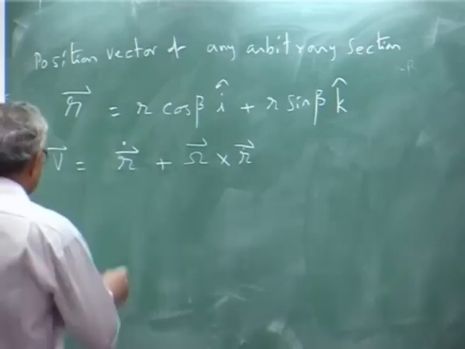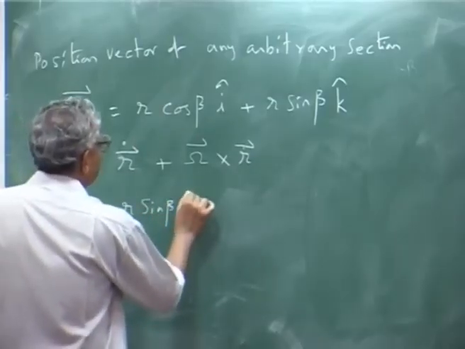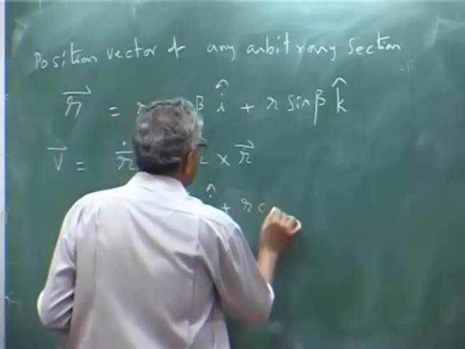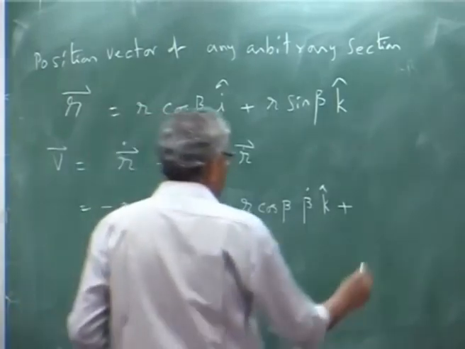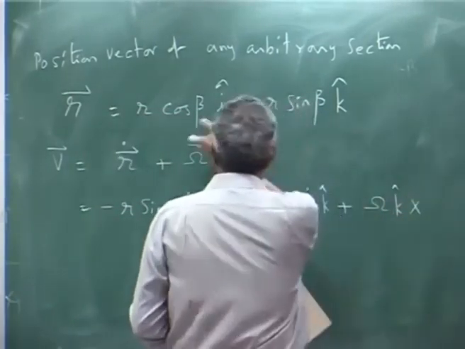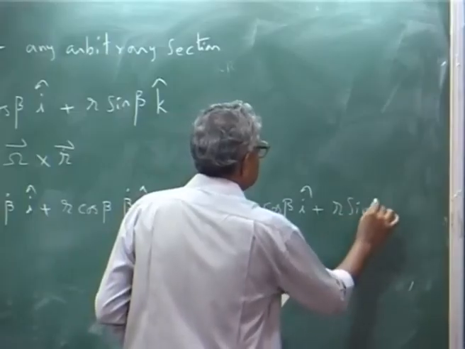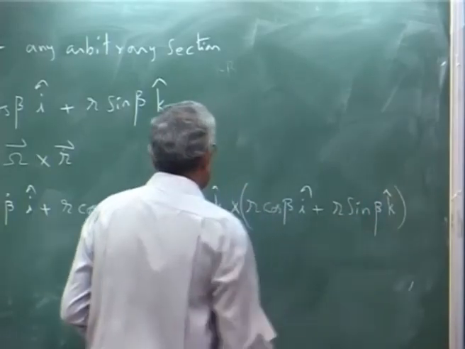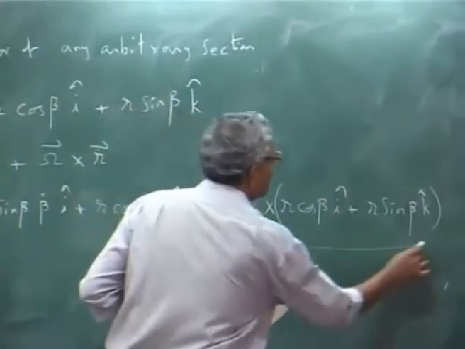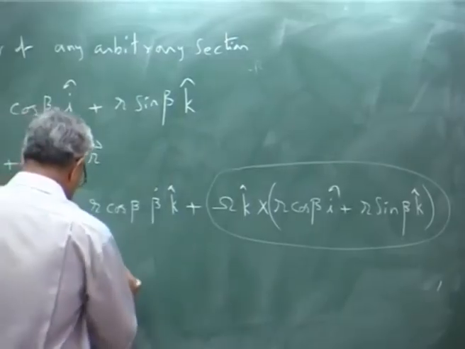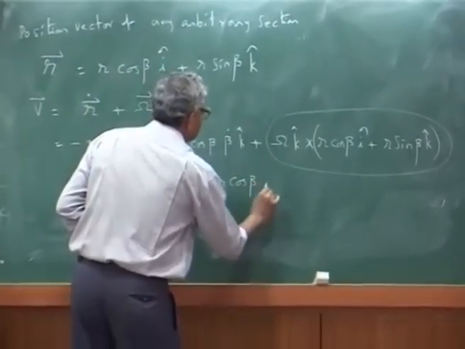So r dot will be minus r sine beta dot i plus r cosine beta dot k, plus omega k cross r cosine beta i plus r sine beta k. You know k cross i is j, so the other term will drop out. So this can be replaced as plus omega r cosine beta j.